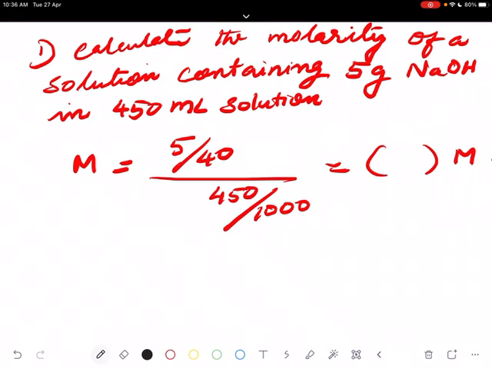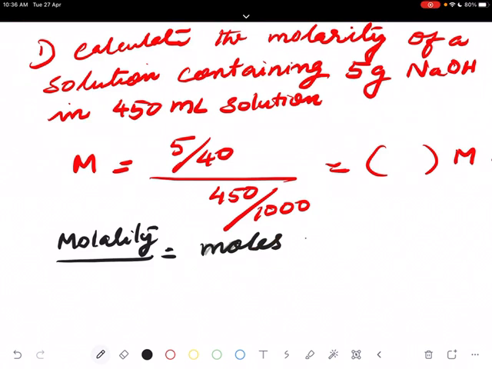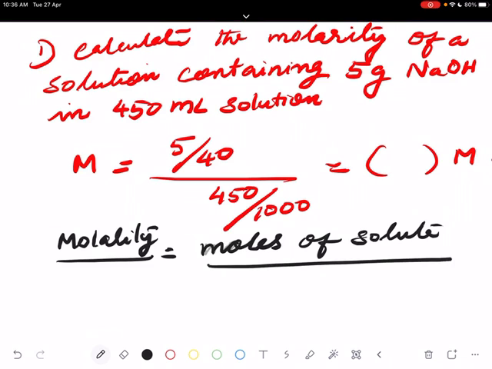Now next is molality. Molality is again, the numerator is the same, moles of solute upon mass of solvent in kg. Here you have to separate that mass of solvent.